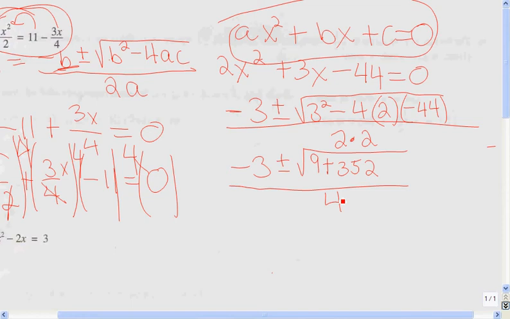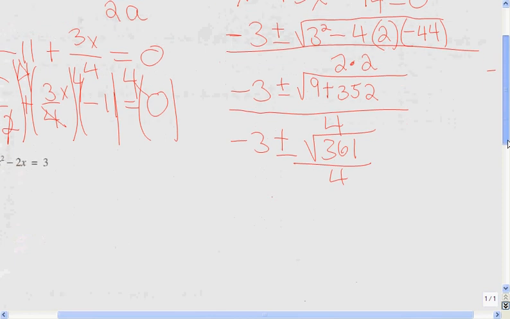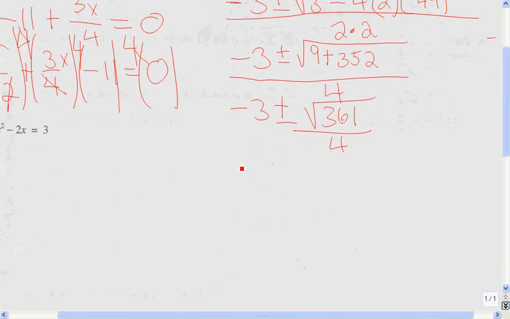Okay. Now I'm going to add the 9 and the 352. So I get negative 3 plus or minus the square root of 361 over 4, because 9 plus 352 is 361. And the square root of 361 is 19. So negative 3 plus or minus 19 over 4.